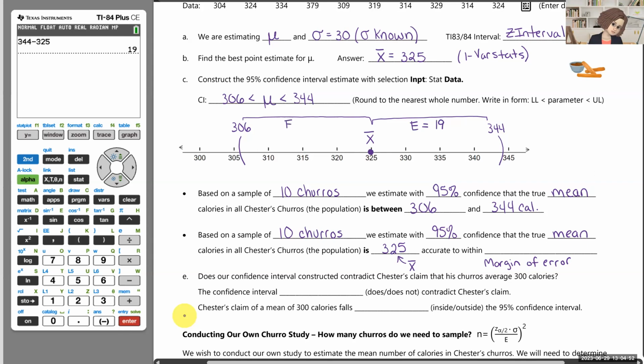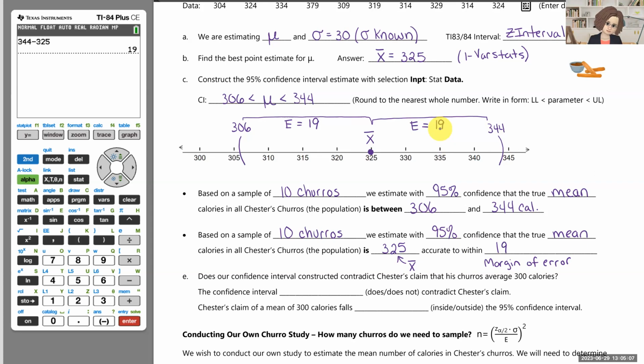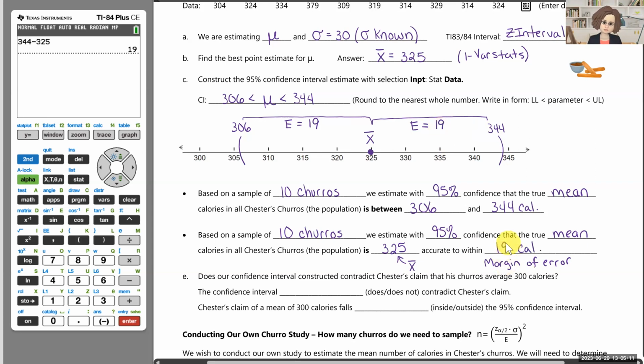You could check the other side as well. That distance there will also be 19. So I think that the true mean is 325. Accurate to within, I'm accurate to within 19 calories. So this would be the plus or minus part. So 325 plus or minus 19 calories.